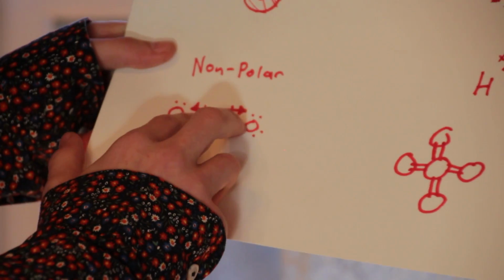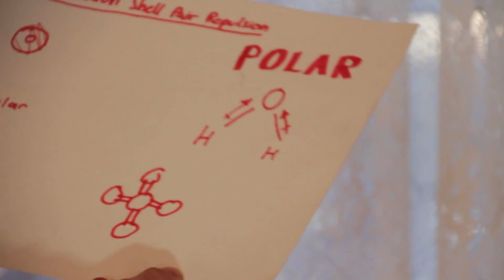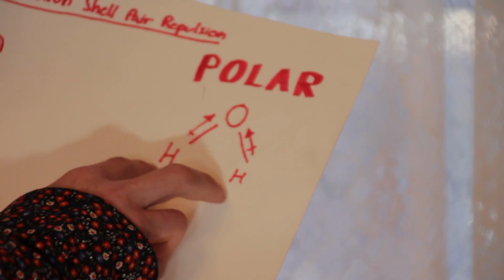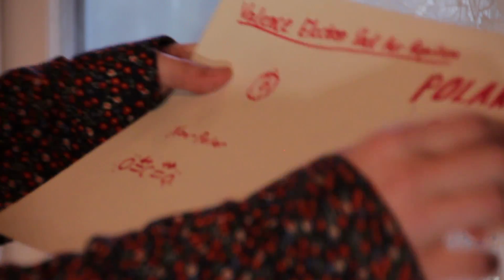Here we have carbon dioxide, and because these arrows are pointing out, you know that it's a non-polar molecule. Whereas over here with H2O, these arrows are pointing in at the inner molecule, O, and that way you can tell that it's a polar molecule. This goes much more in depth, but I'm not here to teach that. That's for your science teacher.